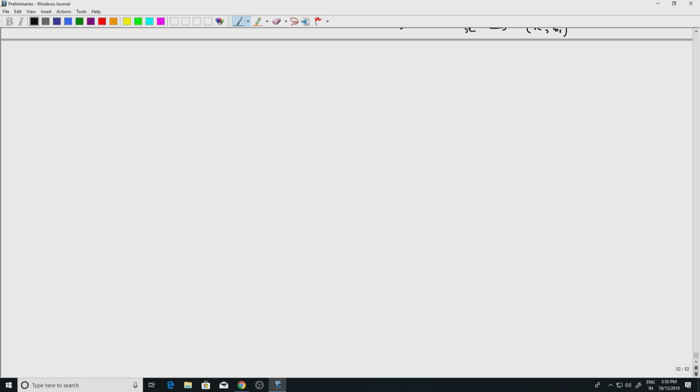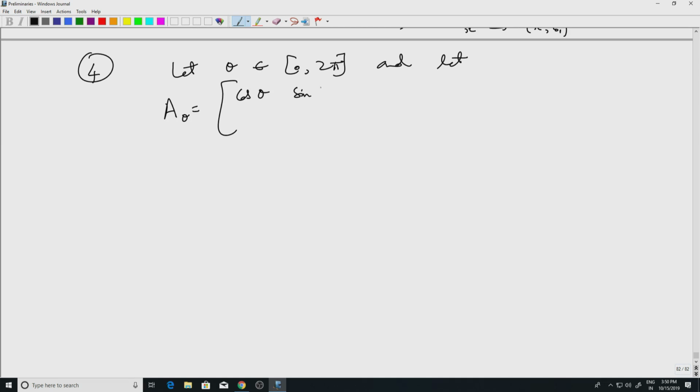Now let's look at something more specific. Let's look at a rotation map on S1. Let theta belong to 0 to 2 pi and let A theta be the matrix cos theta, sin theta, minus sin theta, cos theta.